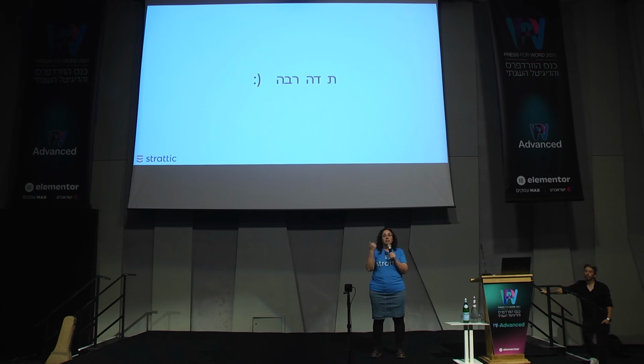WP Engine recently released a headless product called Atlas. It's very cool and super complicated, but it does exist. And Automattic themselves recently built out a very large headless implementation for Al Jazeera, which they use in a lot of their content marketing. So there's definitely a shift towards, okay, maybe we need to be part of this.